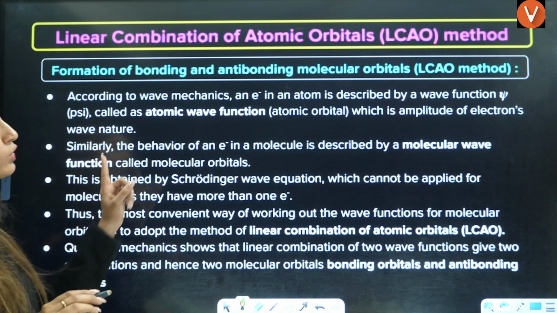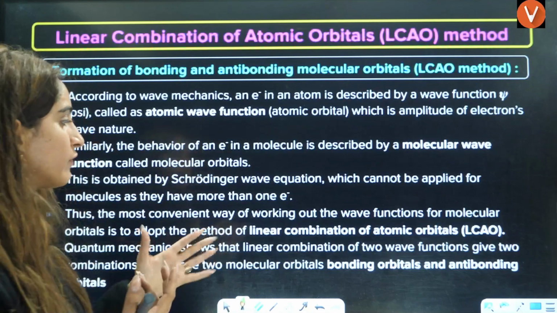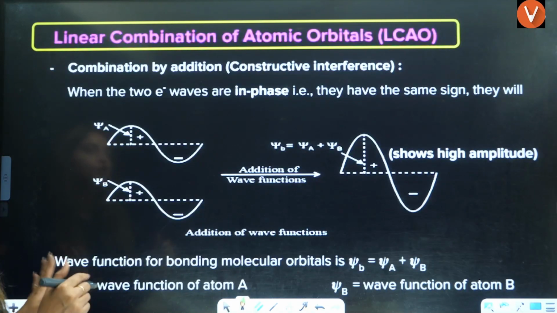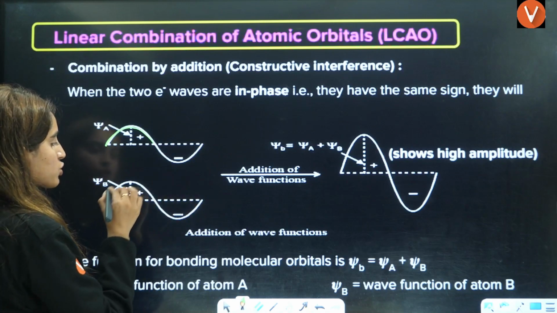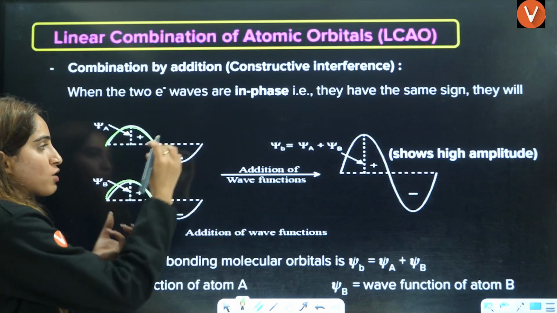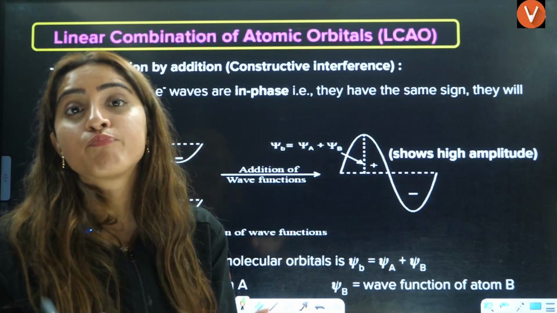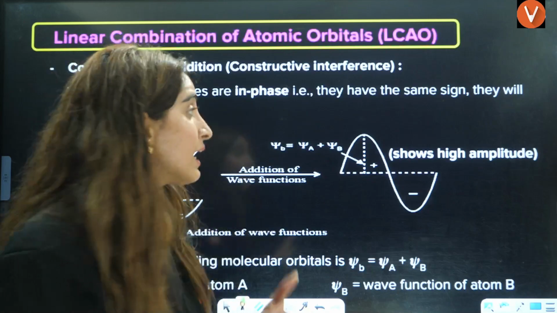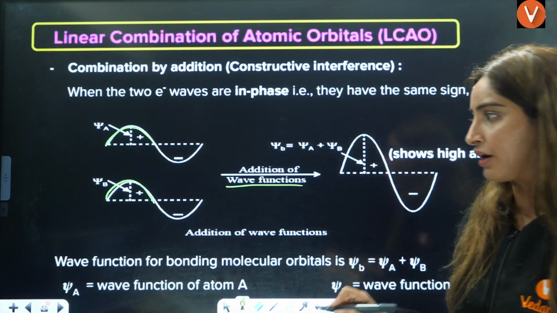Now, according to wave mechanics, let us talk about how atomic orbitals combine with each other. Here you have positive and here also you have positive. When positive overlaps positive and negative overlaps negative, you have the formation of a bonding molecular orbital. That is the positive overlap, which is the addition of the wave functions.